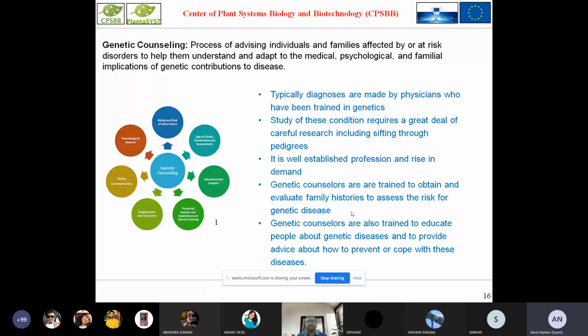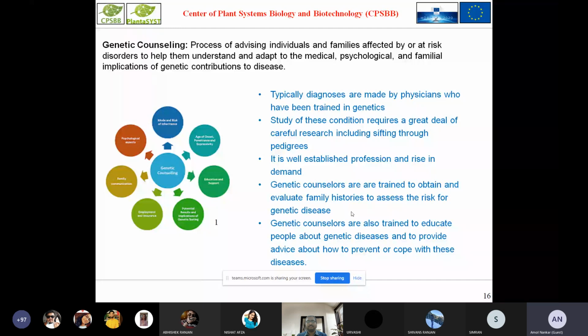Based on the pedigree records, they know whether the individual will have this disease or not, and then they do the genetic testing. Once they understand there is a high chance of this happening, the genetic counselors help parents adapt and understand how to cope with the potential disease in the offspring, in terms of medical treatments, psychological support, or what familial implications they might expect from such diseases.